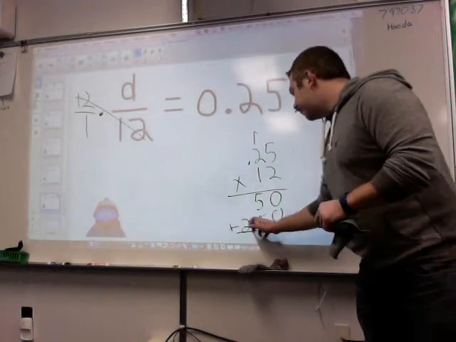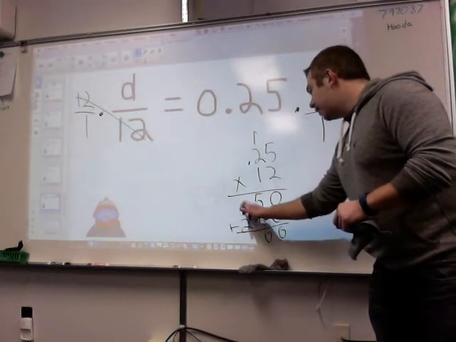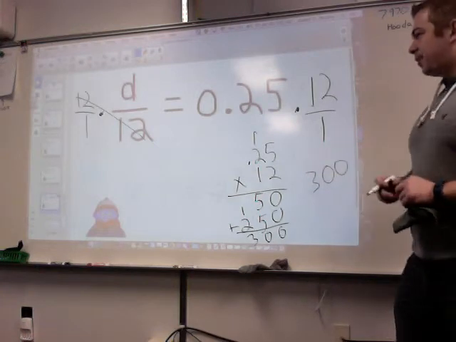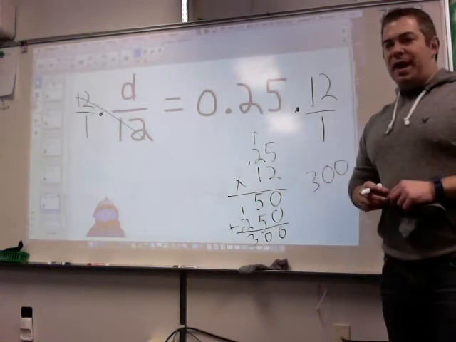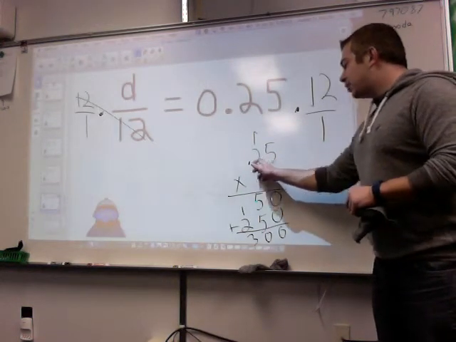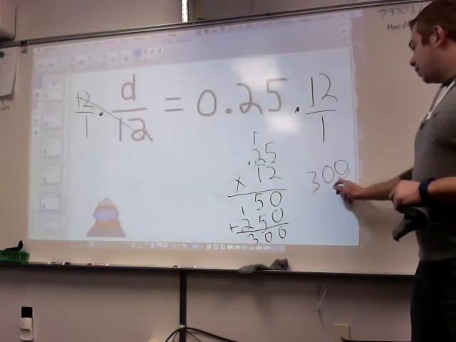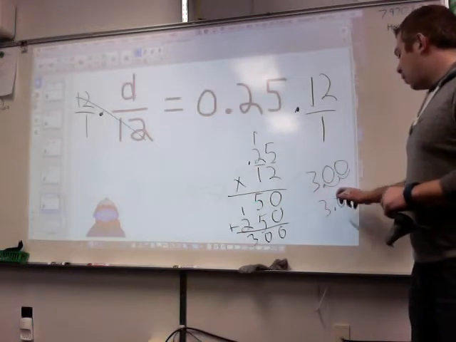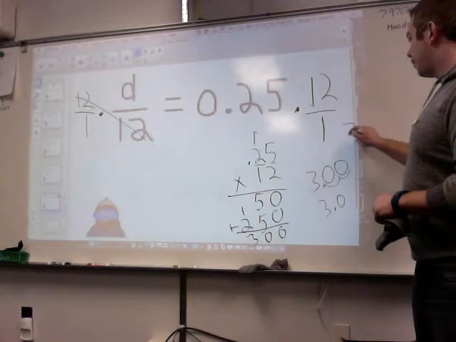Add these up: 0, 10, 3. 300 is my answer. How could 300 be my answer? Oh wait, I forgot to put in my place value spots. I have 1 place value spot, 2 place value spots. My answer must be 3.0, which is the same thing as just 3.